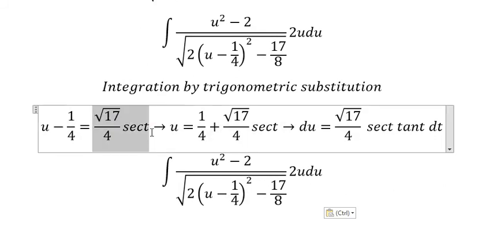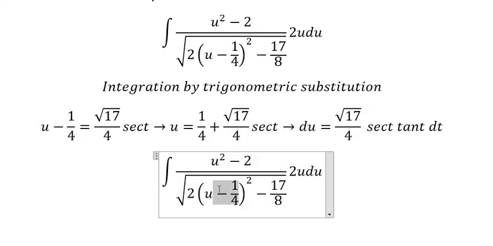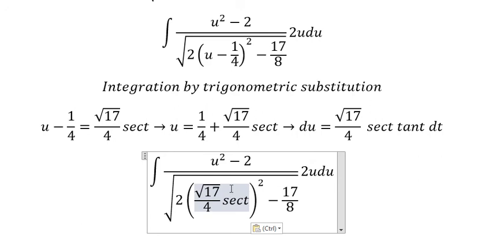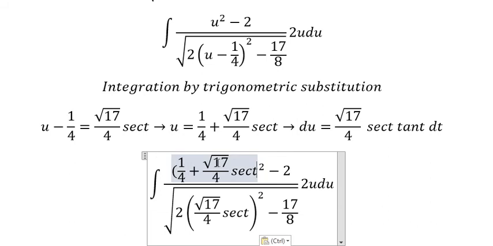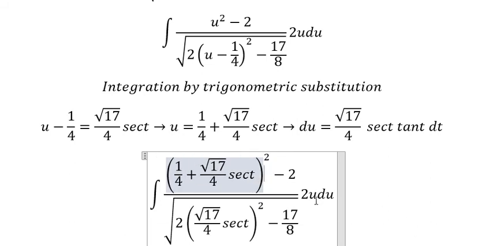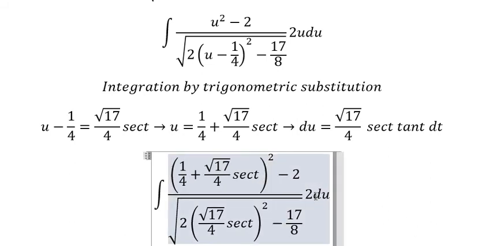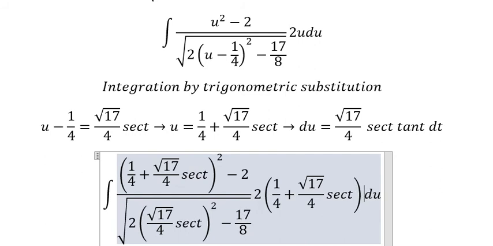Now we put this one in here. u we change for this one. And here du we change for this one.